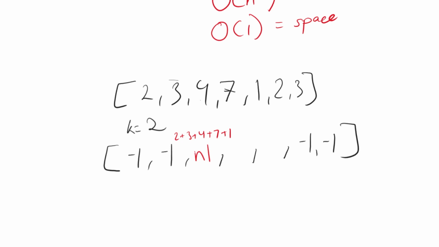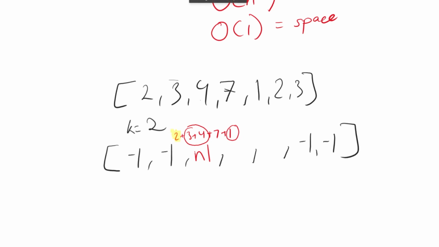Well, once we get this sum, when we go to 7, this part of the sum will be used, but this part won't. Essentially, this part of the sum will not be used.